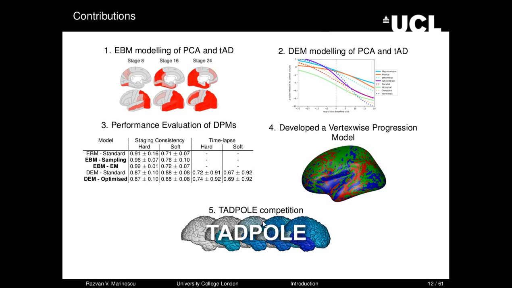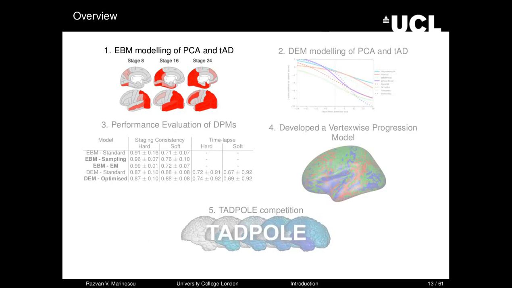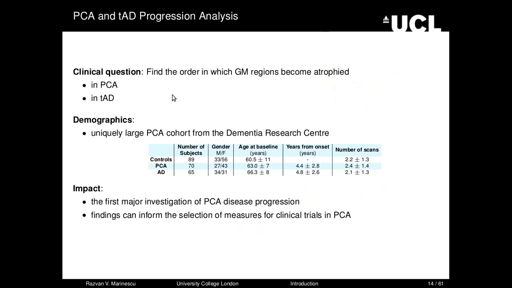The reason why we were doing all of this was because we believe this will enable more accurate patient staging and prognosis, and this would also help the development of potential drugs. So these are my contributions throughout my PhD. First of all, I studied the progression of posterior cortical atrophy and typical AD using two models.